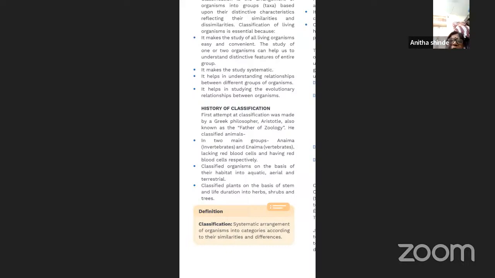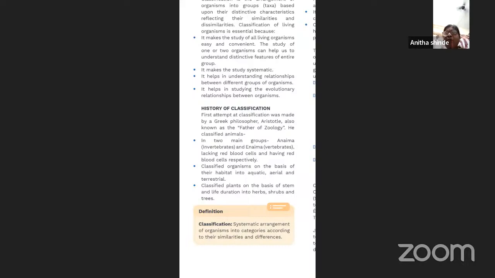He took vertebrates and invertebrates, and he said that invertebrates do not have red blood cells, whereas vertebrates have red blood cells. So he simply classified these organisms into two groups: Anaima, the invertebrates, and Enaima, the vertebrates. Anaima do not possess red blood cells, whereas Enaima possess them.